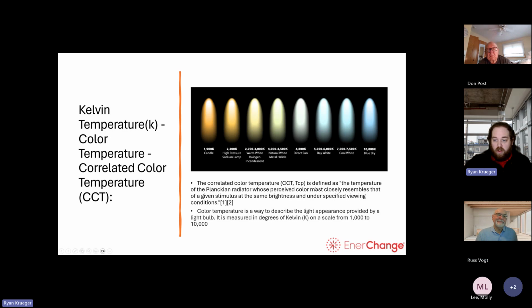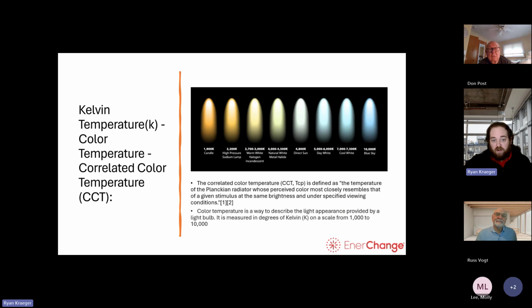For the most part, with clients, it's: did I match the Kelvin temperature? Do they want a lower Kelvin temperature? The actual definition is that color temperature is a way to describe the light appearance provided by a light bulb. It is measured in degrees Kelvin on a scale of 1,000 to 10,000.